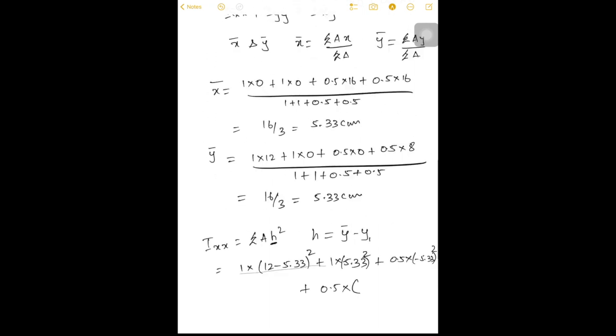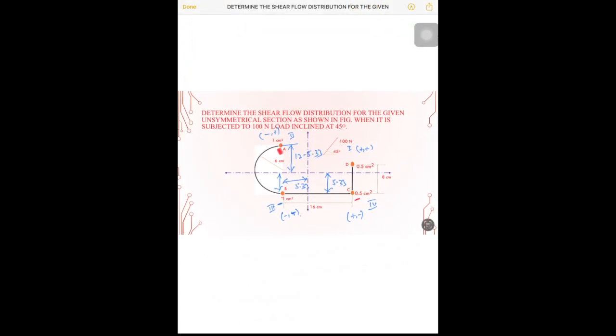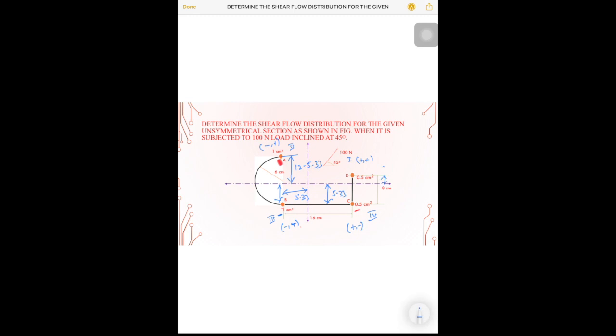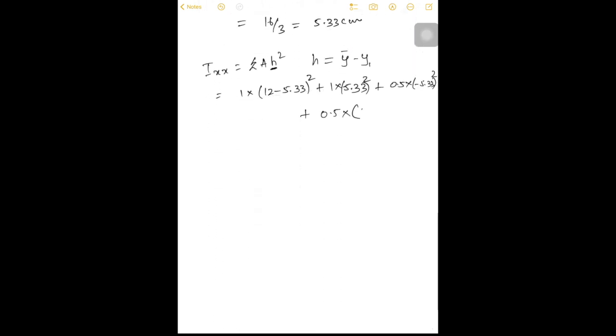into this distance, that is 8 minus 5.33, 8 minus 5.33 whole square.